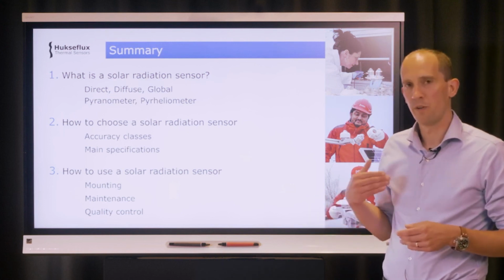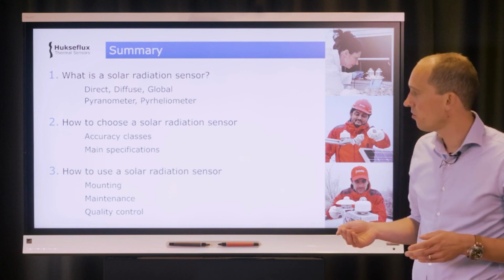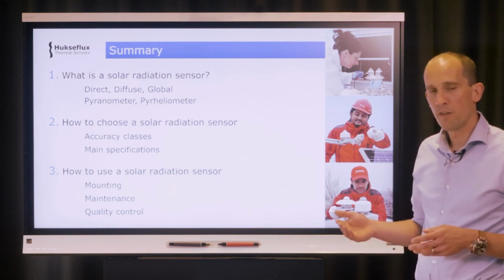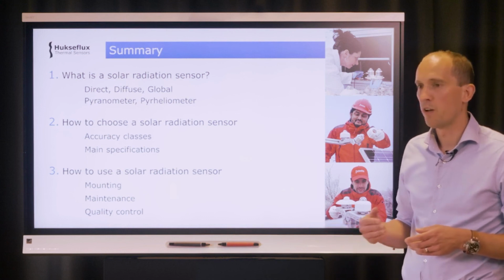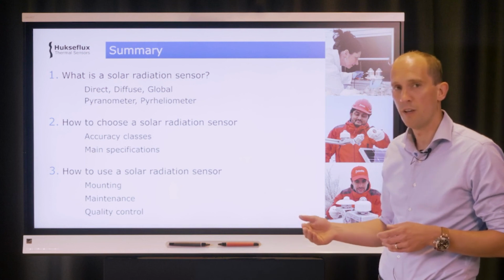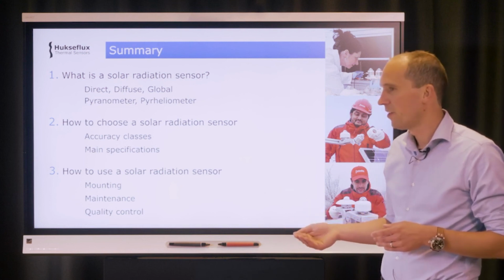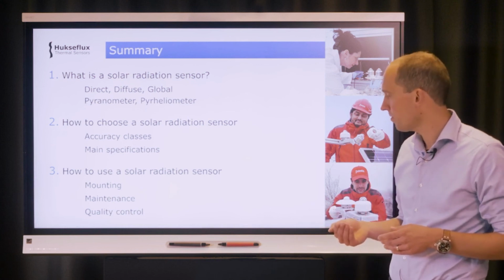In the second part of the presentation, we discussed how you can choose a solar radiation sensor. And it very often starts with the accuracy class. So ask yourself, does this application prescribe a certain accuracy class? This helps your selection. And I showed you the main specifications of the different instruments.